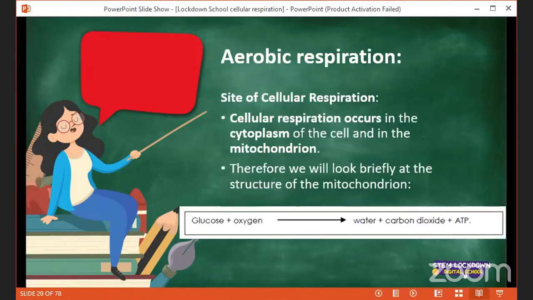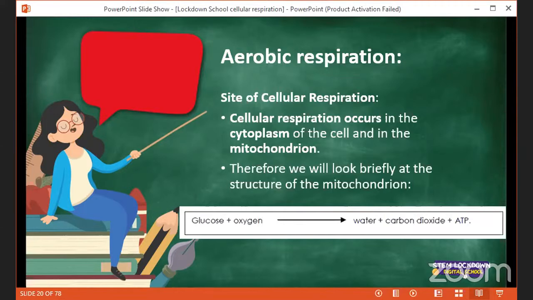Okay, now let us look at aerobic respiration. This is the site of cellular respiration. It occurs in two places of the cell, which are the cytoplasm and the mitochondrion.